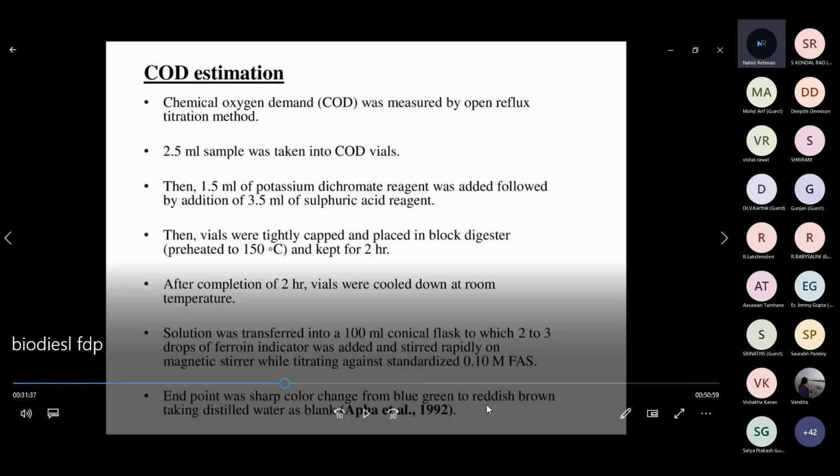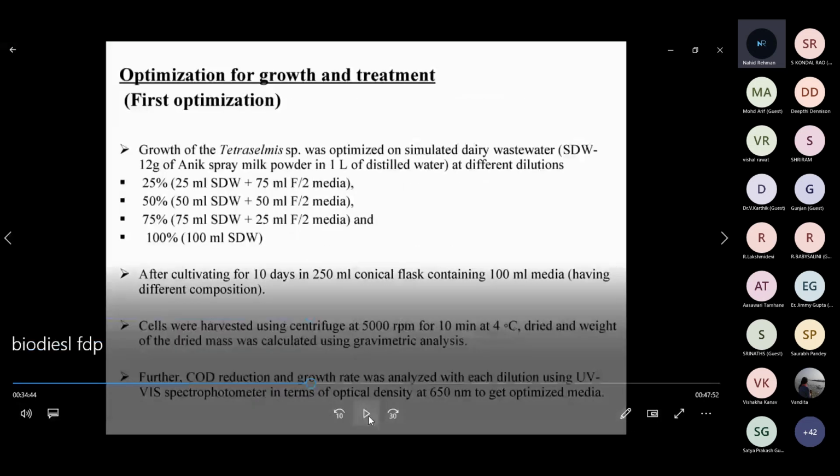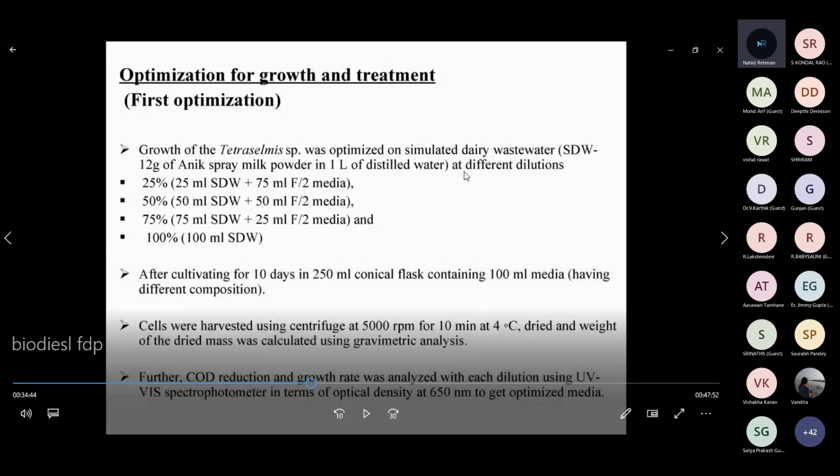In this case also you take distilled water as a blank. Okay, and you have to do the calculation as per the formula. For the details of the methodology, everyone should follow the APHA protocol. You will find it using Google.